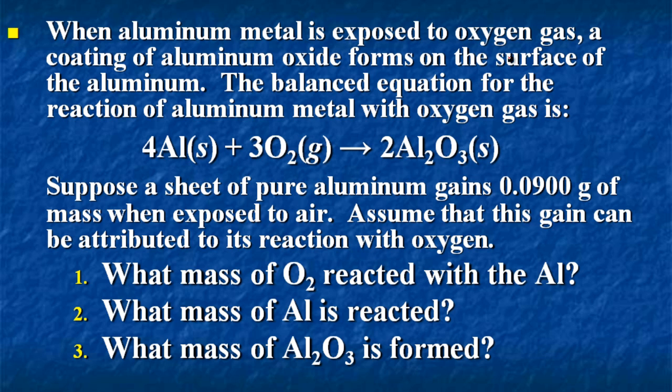When it is exposed to oxygen, a coating of aluminum oxide forms on the surface of the aluminum. So let's say if you had the aluminum pure sheet 10 grams, after the reaction it is weighing 10.1 gram. Now remember, after the reaction it's not pure aluminum anymore, you have a coating of aluminum oxide outside, right? And the mass has increased 0.1 gram. So what that 0.1 gram is? The aluminum oxide, the coating which is formed on top of aluminum, right?